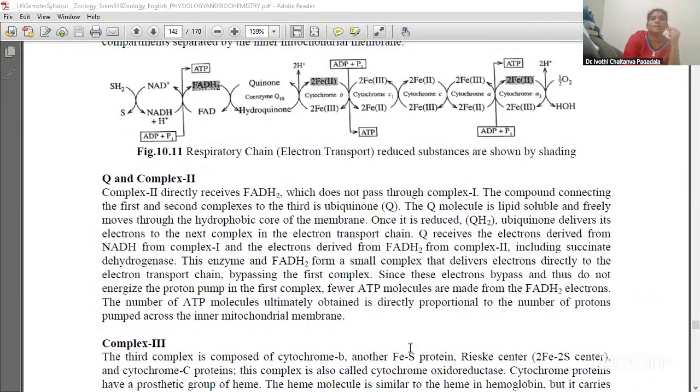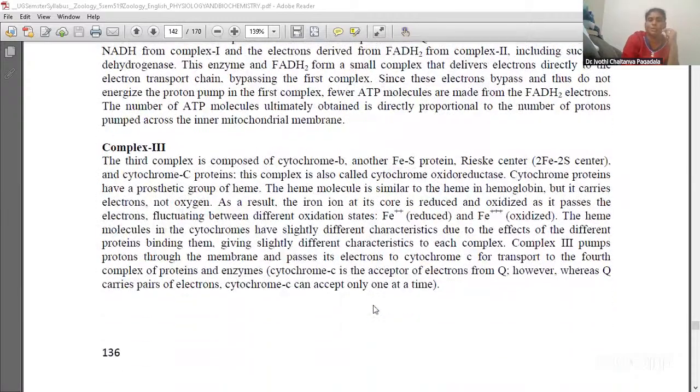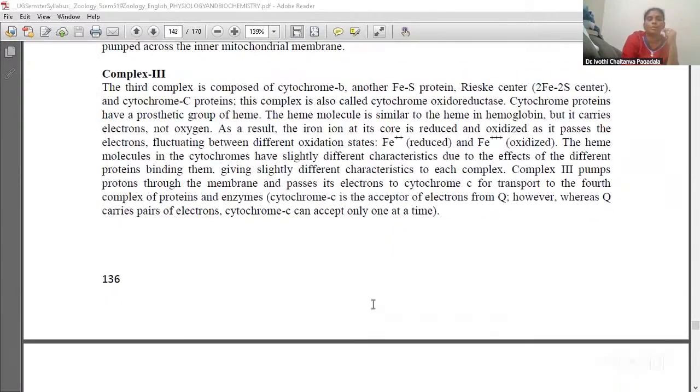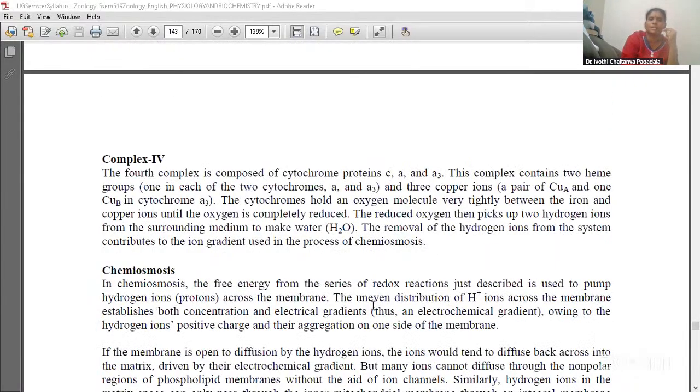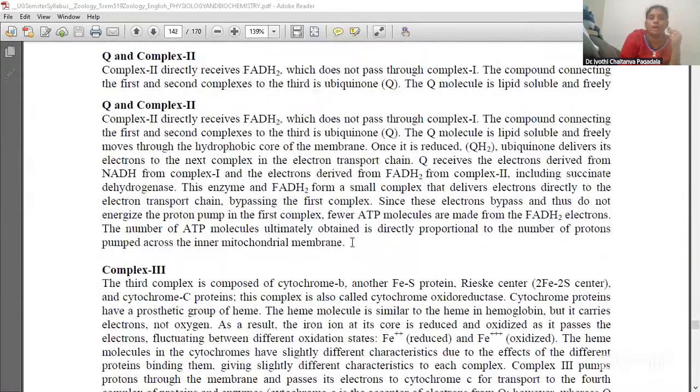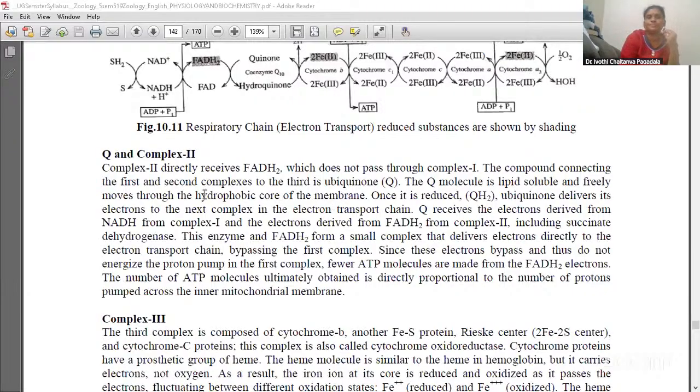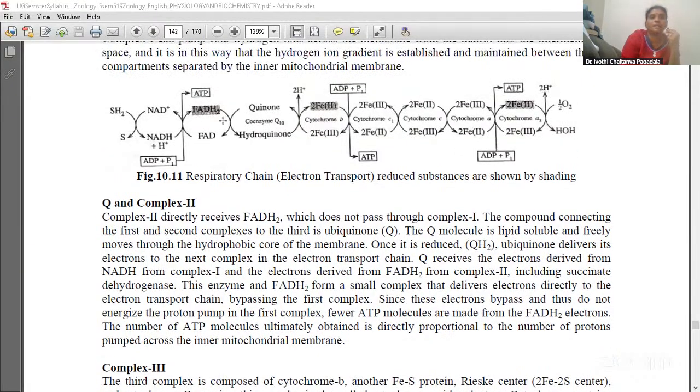Here you can see the Q, and complex 2 and complex 3 also. In case of complex 2, it directly receives the FADH2, which does not pass through complex 1.